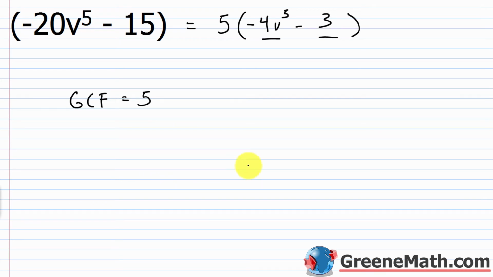But again, sometimes you might not want to do that. Sometimes you might want to factor out a -5 because you might not want minus signs in here, right? So if I factored out a -5, what would I have then? Well, -20 divided by -5 is +4.